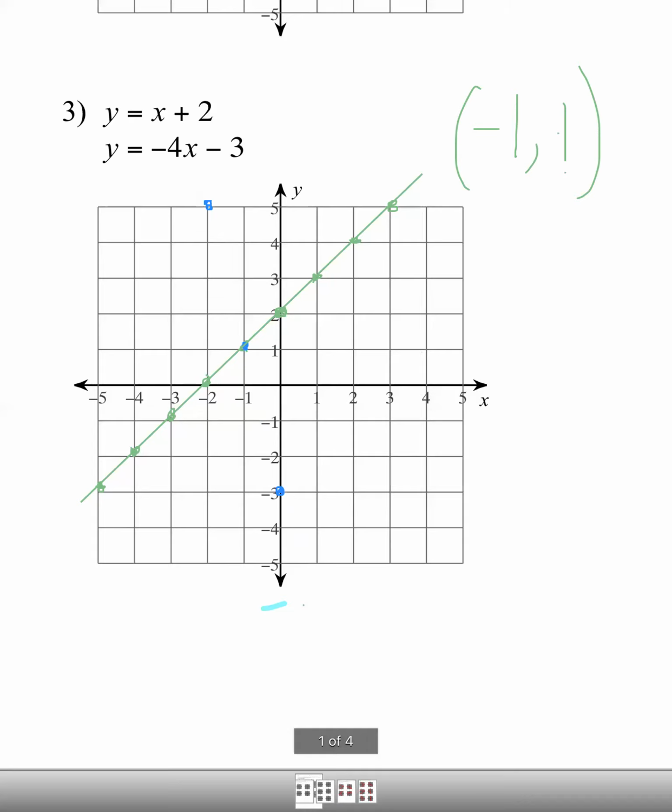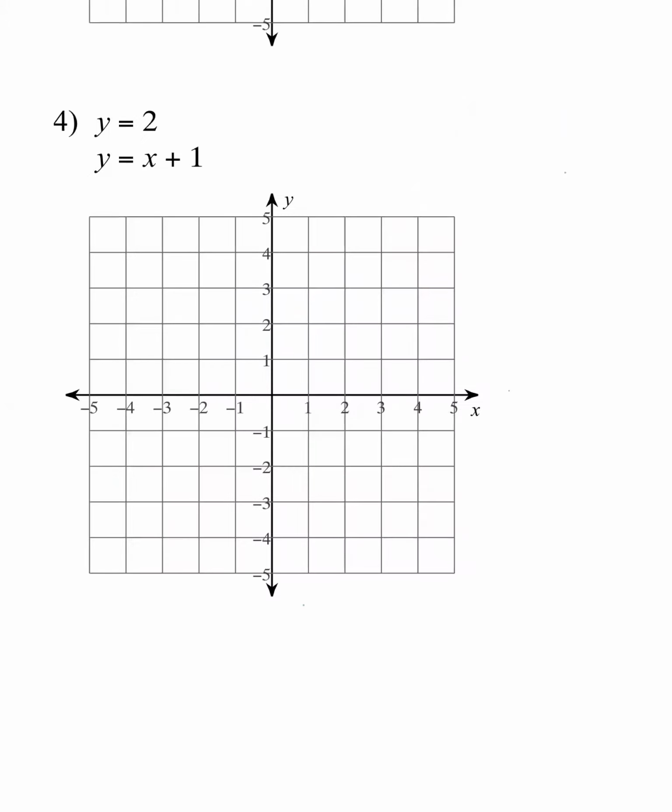And let's go ahead, I'm going to do number 4 with you also, and then I'll have you guys do the ones on the back or the second page. Okay, do you remember how to do one like y equals 2? I hope you're thinking, oh my goodness, I know what to do.